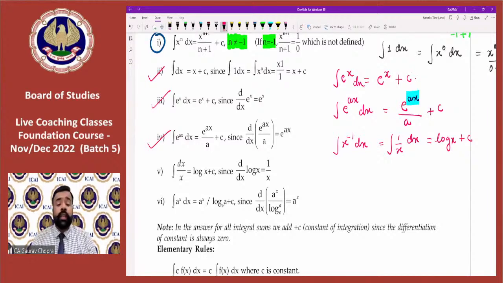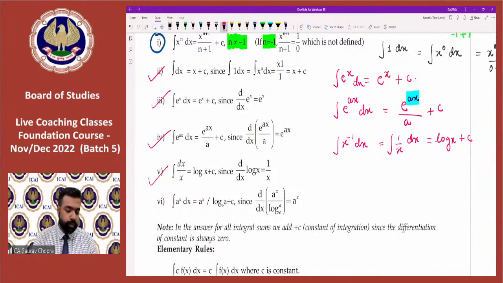Now if we recall, what was the differentiation of log x? We had written 1 by x. Similarly, the integration of 1 by x is simply log of x. So both are reverse of each other. So integration of 1 by x is log x plus c.